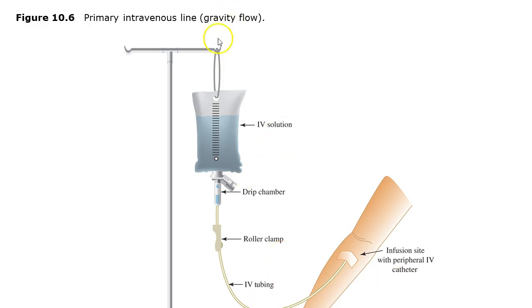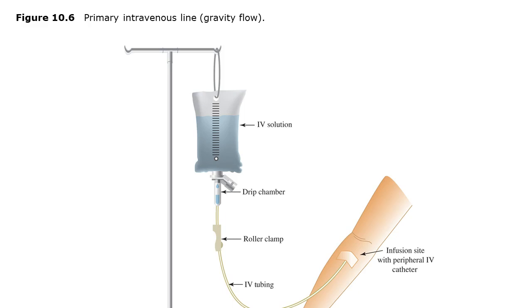And no IV solution that is hanging and infusing should infuse more than 24 hours. So even if the bag is not completely empty, you would change the bag and usually the tubing along with it, okay? Because obviously that presents a medium for bacteria.